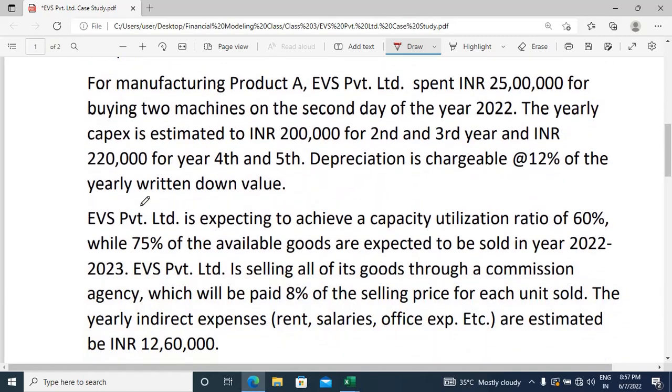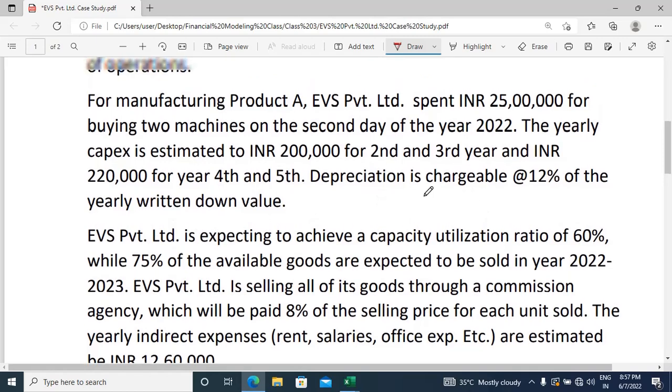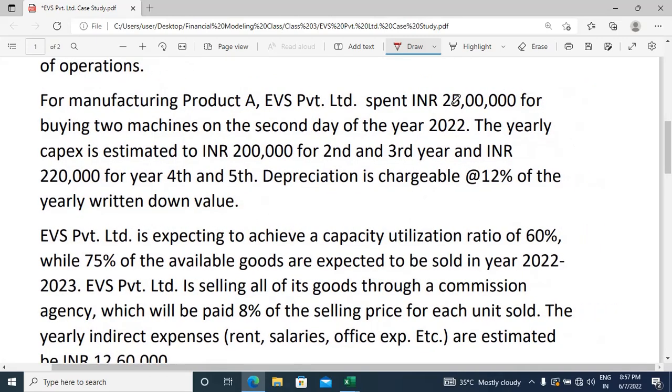Now EVS Private Limited is expecting to achieve a capacity utilization ratio of 60%. Capacity utilization ratio means they will be using these two machines and, let's say, the capacity of this machine is to produce 100 units, but they will be able to produce only 60 units.